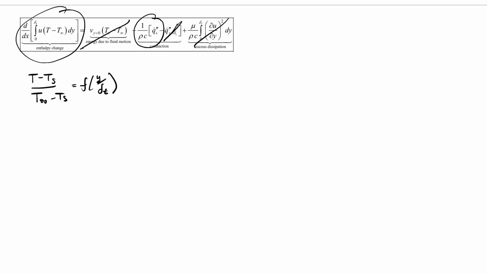Okay, maybe that's obvious, but it becomes important. So let's make our assumption that (T minus T_S) over (T infinity minus T_S) is equal to A plus B times y over delta T plus C times (y over delta T) squared. That's what we think this is going to look like.